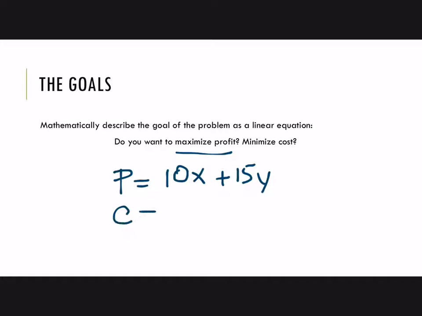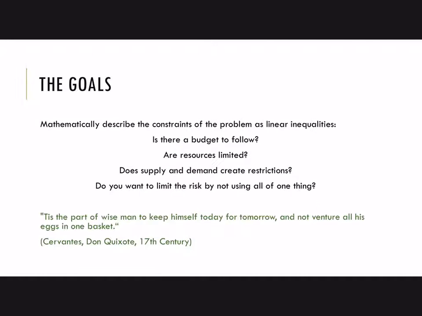Maybe for cost, we could write the cost as a linear equation, like renting a house. Maybe it's $800 a month, and then maybe there's an additional $300 security deposit. Okay, so that's one goal: describe the goal of the problem as a linear equation.